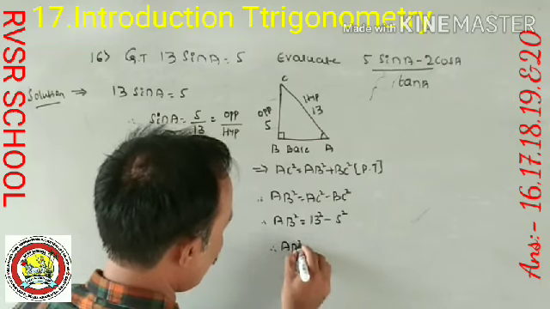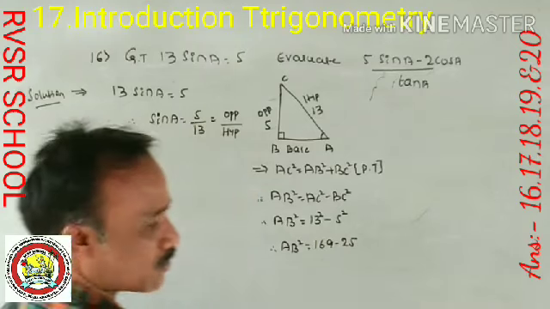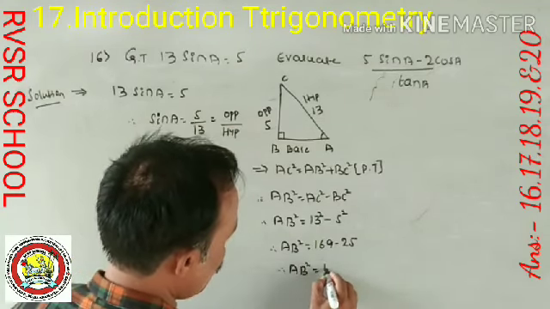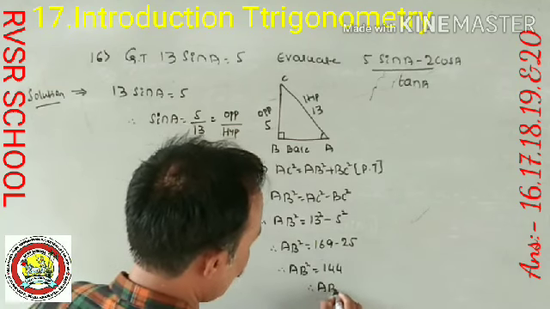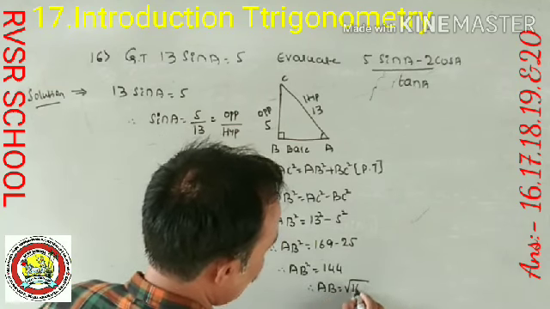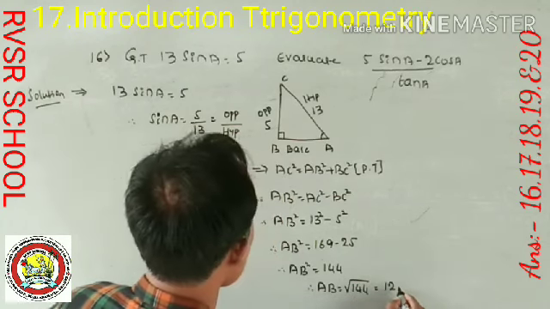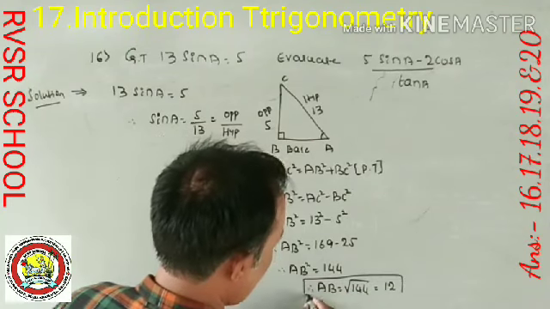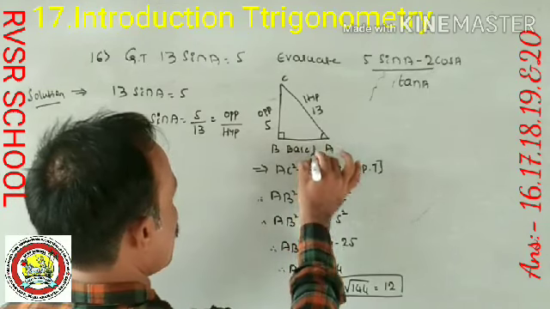That is 169 minus 25, so AB square is equal to 144. Therefore, the value of AB is equal to the root of 144. What is the value of AB? That is the base, 12.